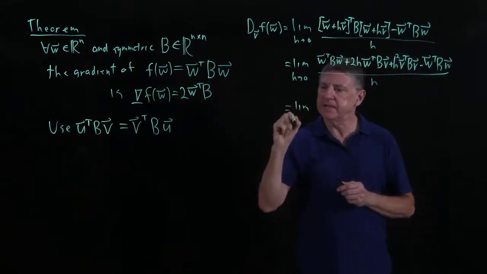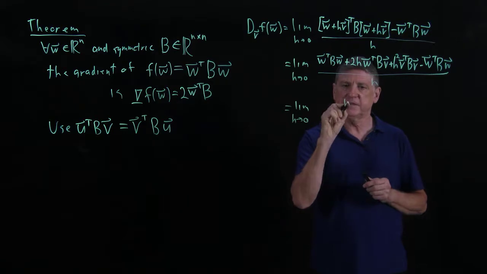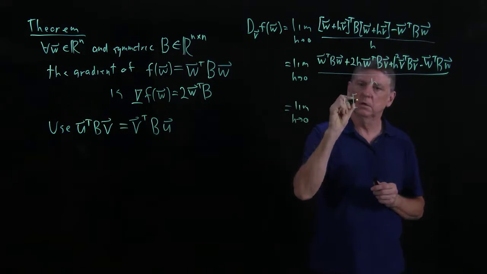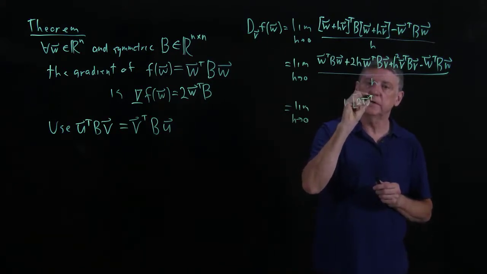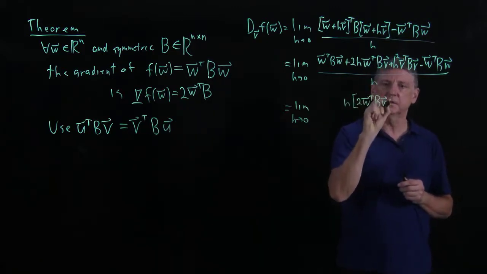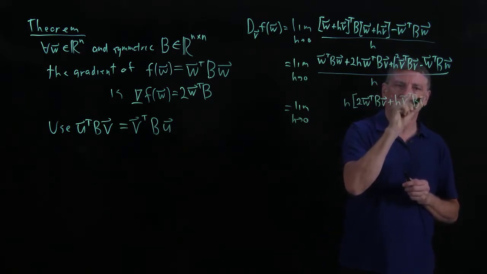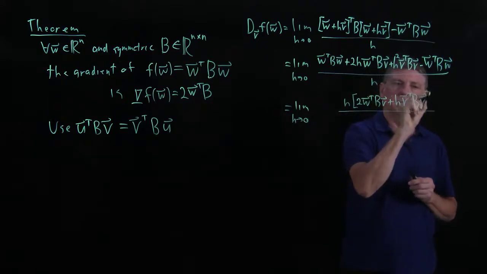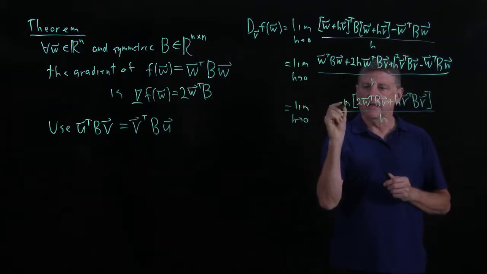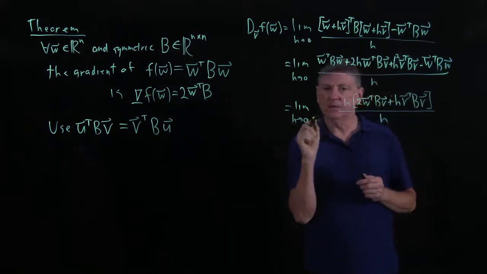And that's the limit as h approaches 0 of, when I do this factorization, h times 2 times w transpose b v, plus, I factored one h out, plus h times v transpose b v, divided by h. Well, the limit of h divided by h is 1. So I can now get rid of that whole limit.